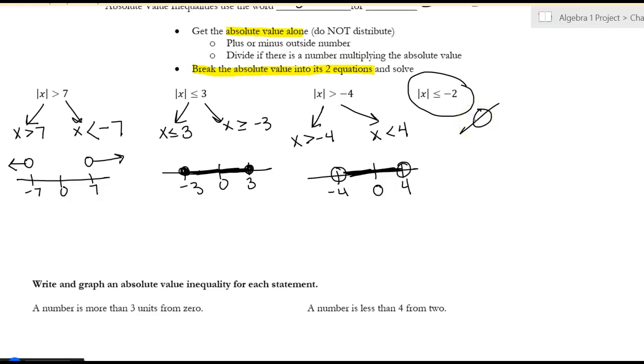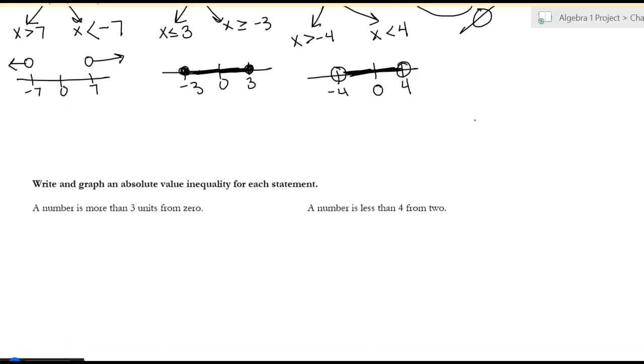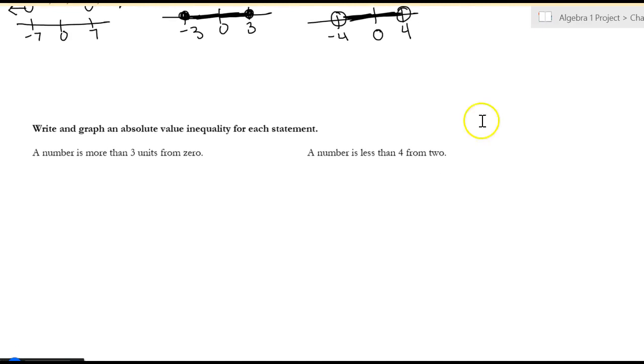Okay? All right, so let's see if we can write and graph an absolute value for each statement. A number is more than 3 units from 0. So what might be helpful is if you start off by graphing it. So it's more than 3 units from 0.